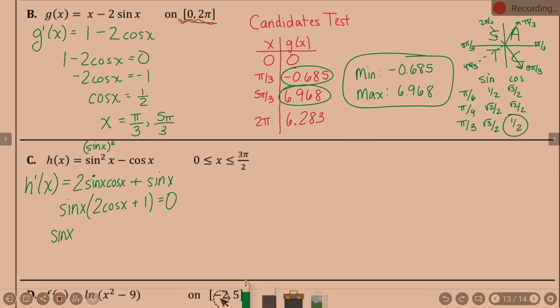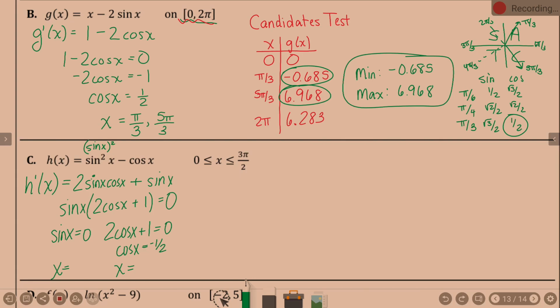So sine x equals 0, and 2 cosine x plus 1 equals 0. Okay, so now we want to talk about when does sine x equal 0 and when does cosine x equal negative 1/2.